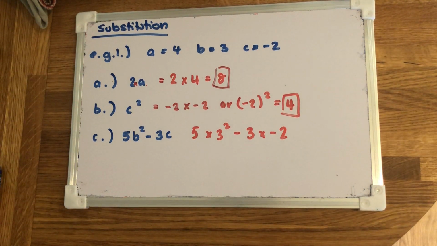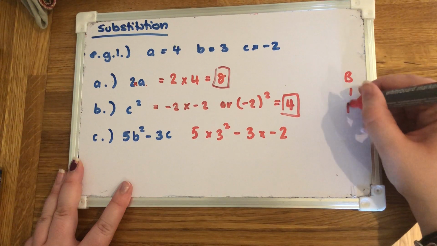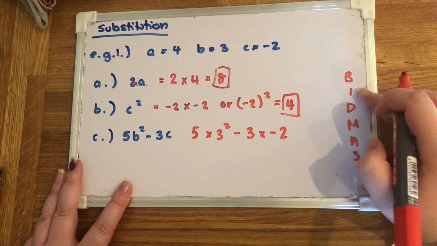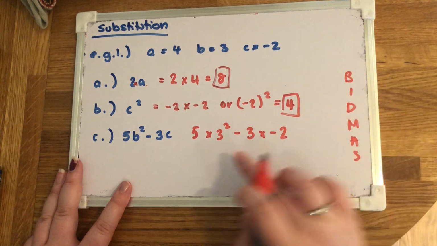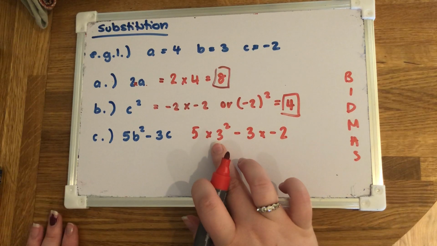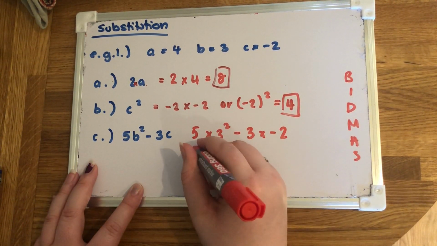Now you've got to go back to how BIDMAS works. So we've got the brackets, but we haven't got any brackets. Then indices, which is the powers, so that's the thing we need to do next. A lot of people want to do 5 times 3 first and then square it, but no, the squared is just with the 3.